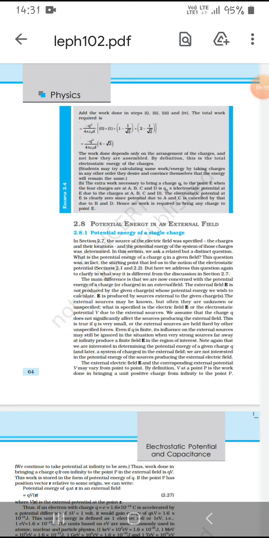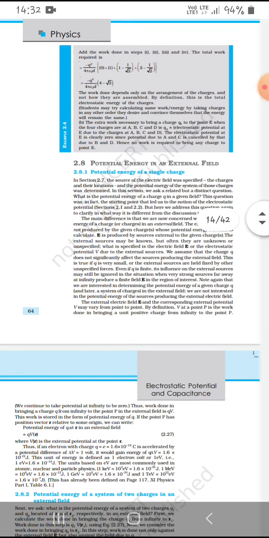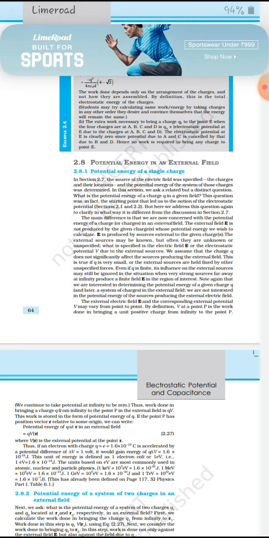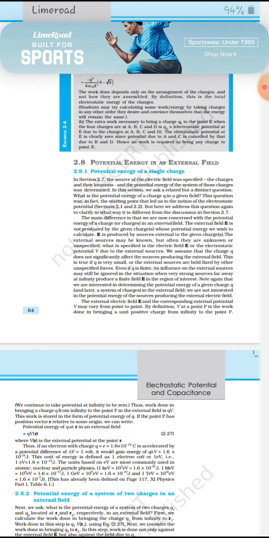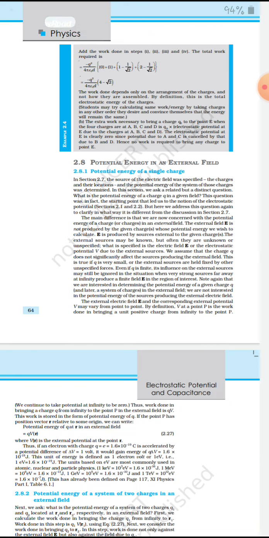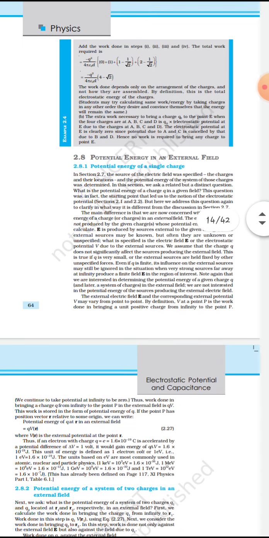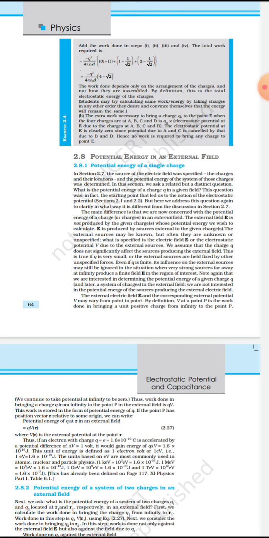The main difference is that we are now concerned with the potential energy of charges in an external field, which we call E, and which is not produced by the charges. Even if Q is finite, its influence on the external field may be ignored, as when a very strong source far away produces the field E in the region of interest.